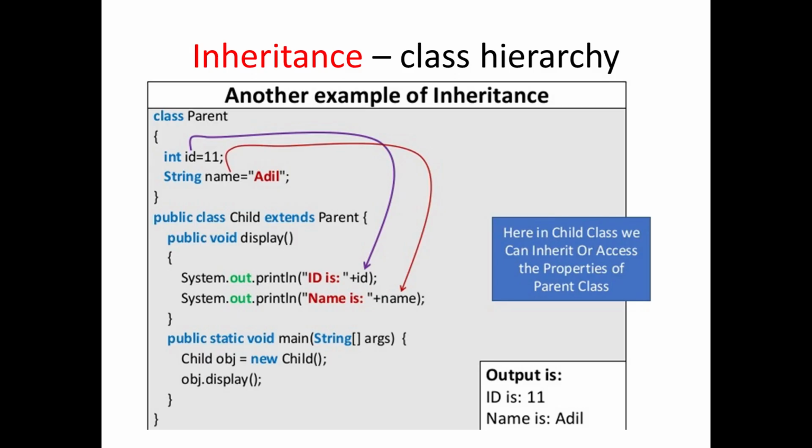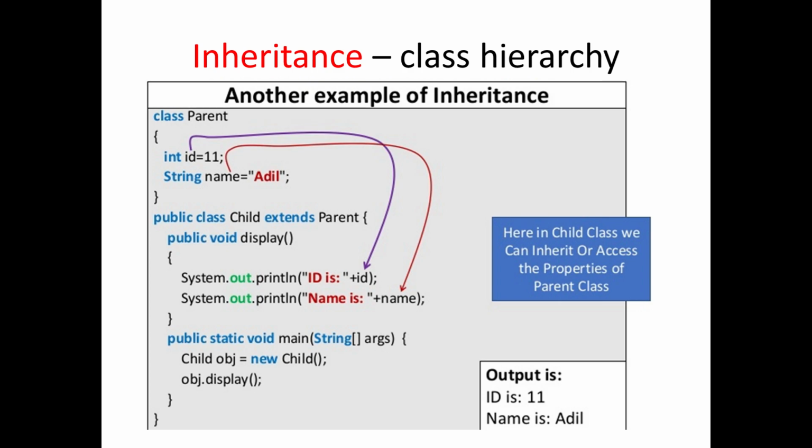This is another example of simple single inheritance. Here there are two classes, class parent and class child. The parent class consists of two variables. One is the integer variable id, whose value is 11. The other is the string variable name, whose value is Adil.